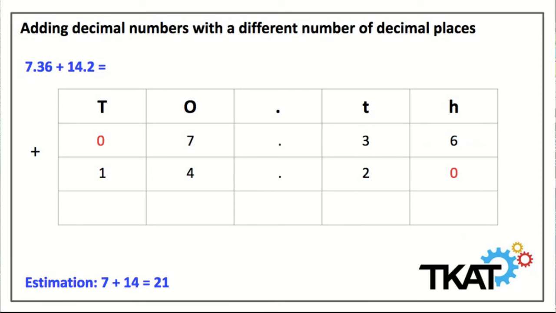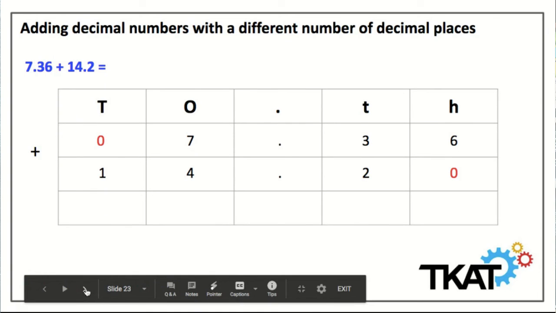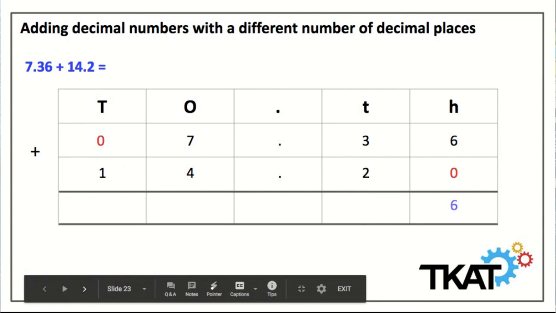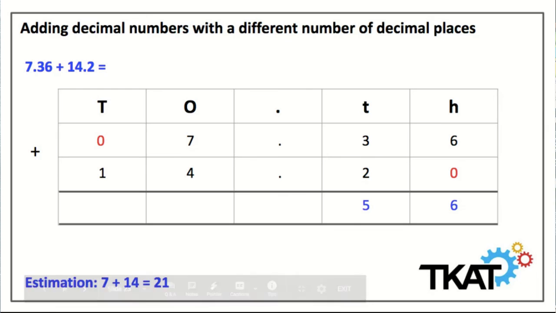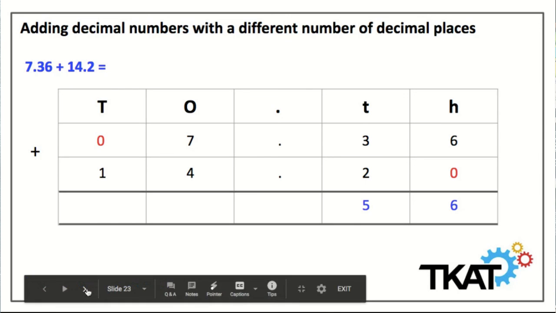The children will start by adding the column furthest right, which in this case is the hundredths column. 6 add 0 equals 6. The 6 is then written in the answer row. It's the tenths turn next. 3 add 2 equals 5 tenths. Now, don't forget the decimal point column.